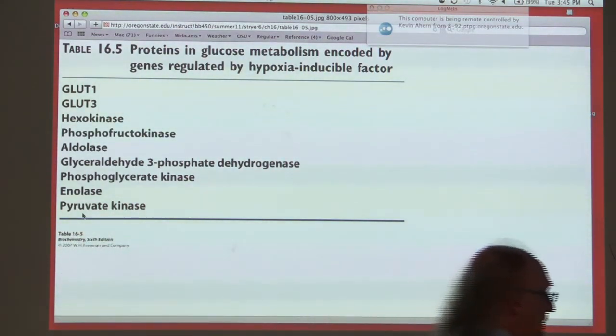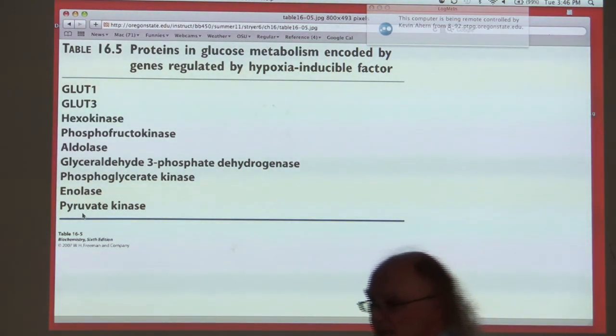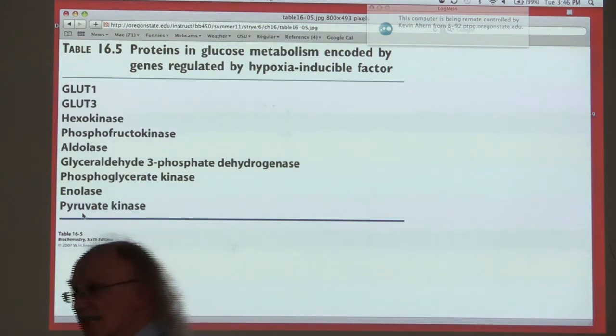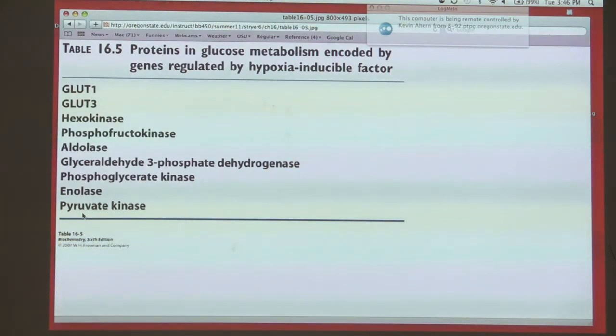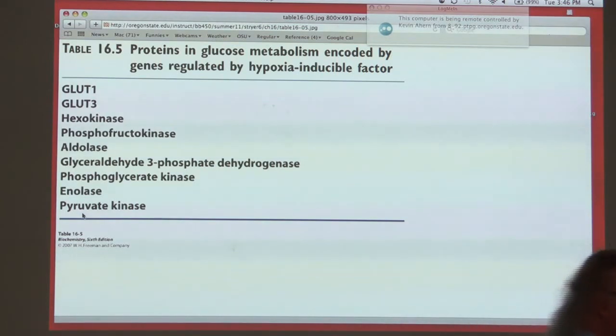Well, I referred the other day to the fact that if we compare ATP production in aerobic versus anaerobic conditions, that is high oxygen versus low oxygen, in high oxygen conditions each glucose gives you 38 ATPs. In low oxygen conditions, each glucose gives you 2 ATPs.